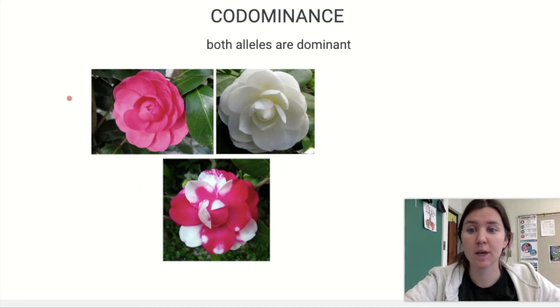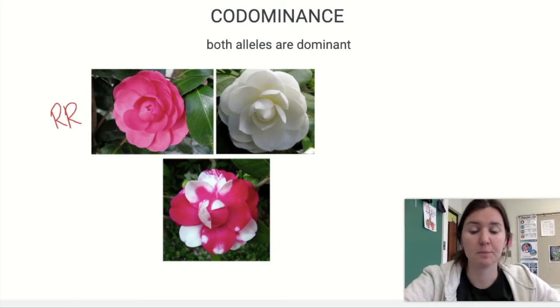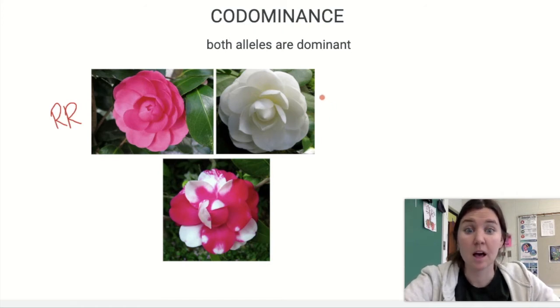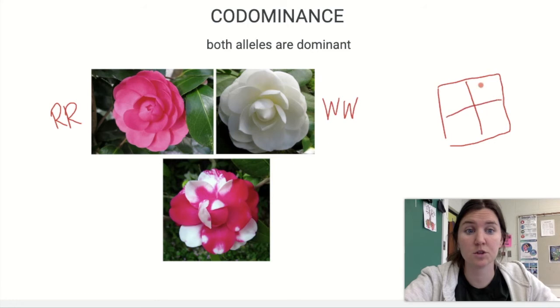So in cases like this, we actually use two different letters now because both are dominant. So let's use R's for the red. I guess it's kind of pink, but we'll use R's. And then W for the white. So this would be each of the parent genotypes. And then if we do our Punnett square to see the genotype of the offspring that shows pink and white, or red and white, that offspring would be RW.